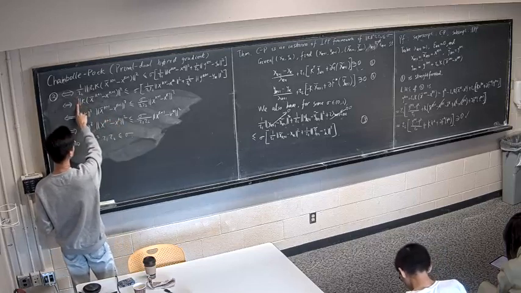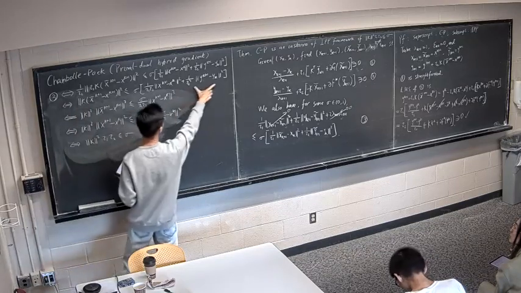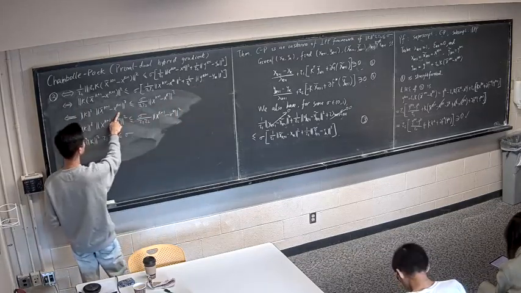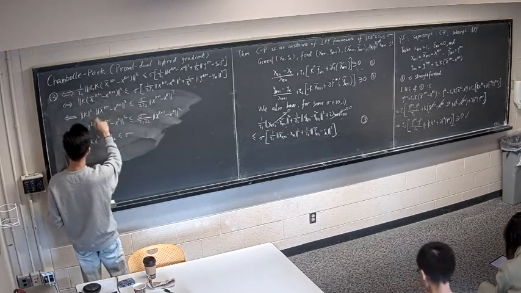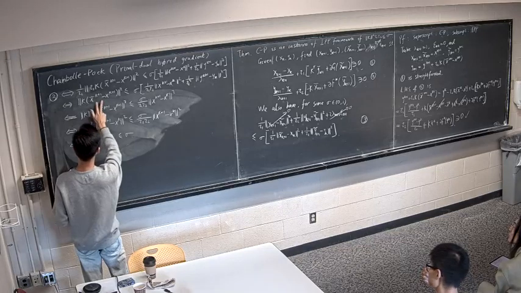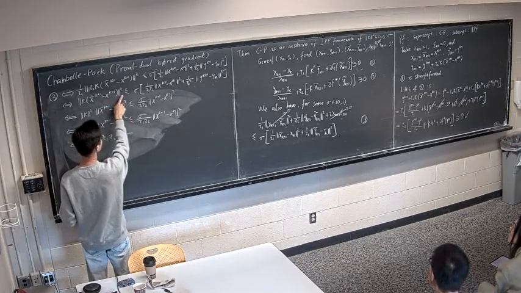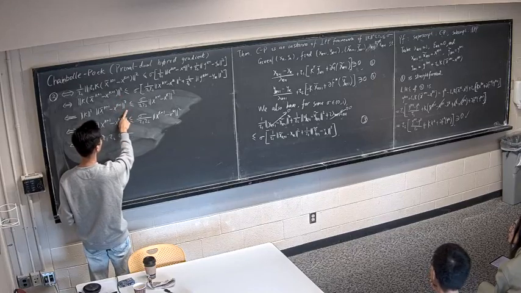Okay, so from here to here is also equivalent. And from here to here, we ignore this term. We are stating a stronger inequality. And this inequality is also stronger than this one. So if this holds, then we also have this inequality. So let's check this stronger one.